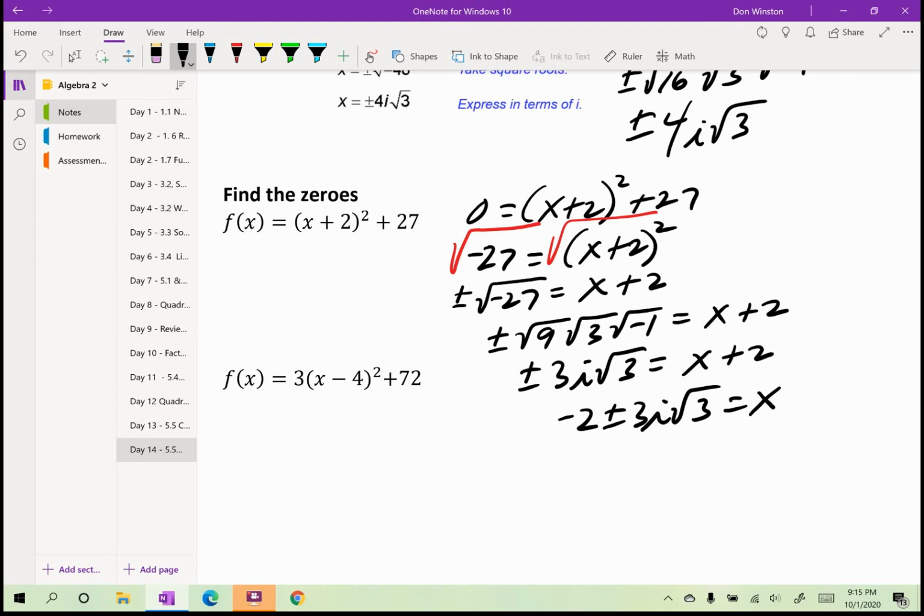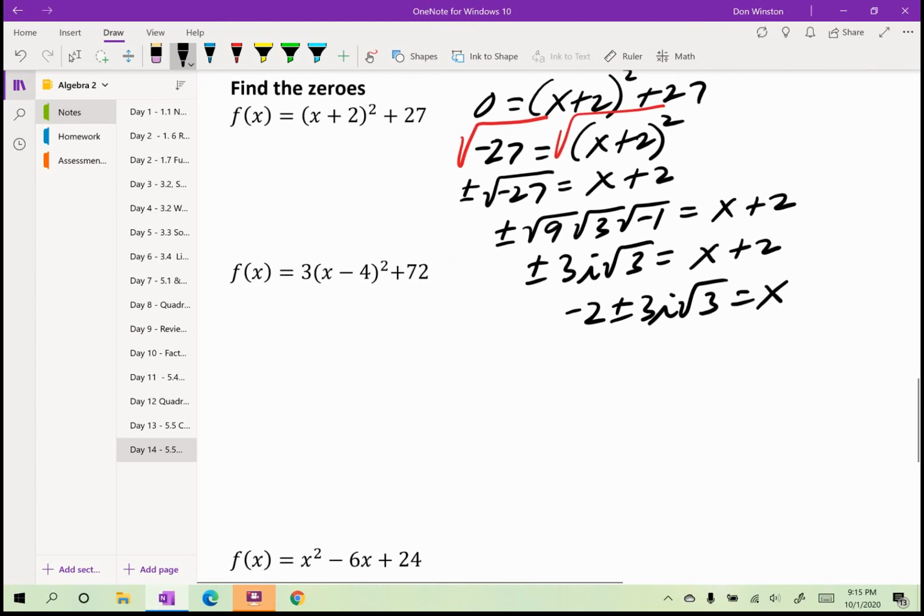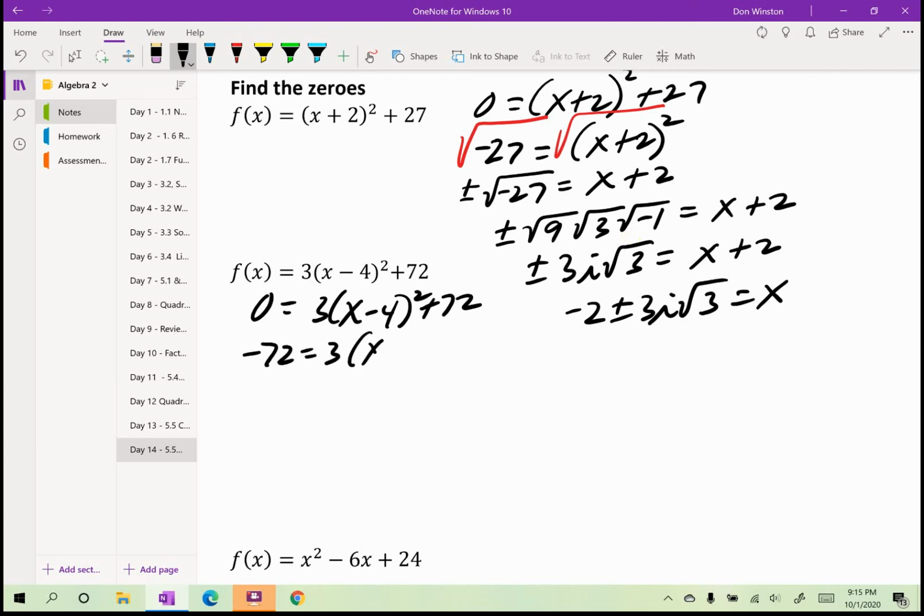They have that i. Let's look at the next one. Here, again, we want to find a 0, so we'll set this equal to 0 and solve. Subtract 72, and then we'll take the square root of both sides. We'll have to divide by 3 first. 72 divided by 3, oh gee, what is it? Even I forget.